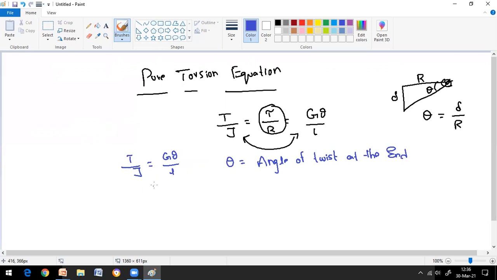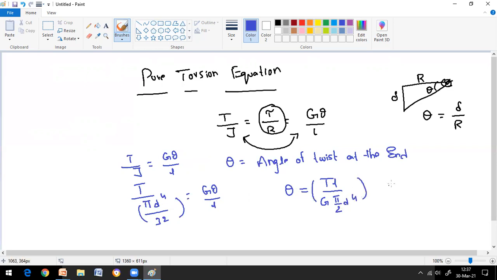Next, take theta out here. This relation can be written as T by pi d power 4 by 32 is equal to G theta by L. Finally, this can be written as theta is equal to T L by G pi by 32 d power 4. So this can be written as 32 W. What is W? How did we get this W?